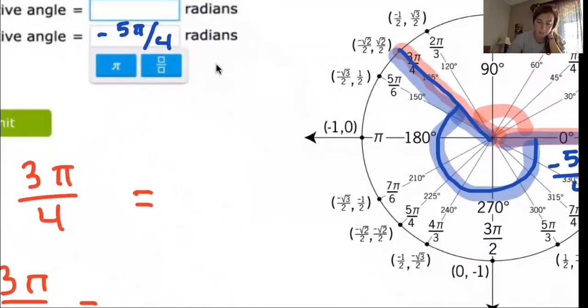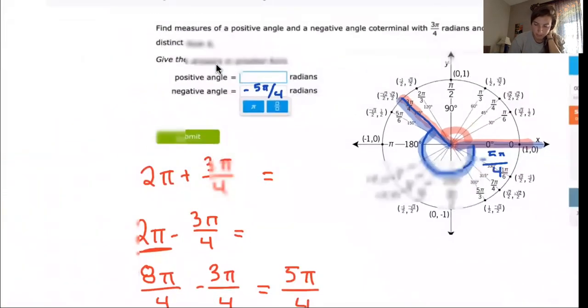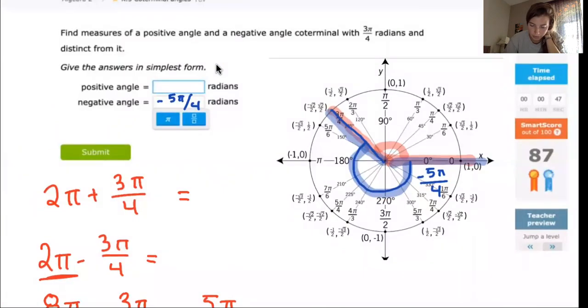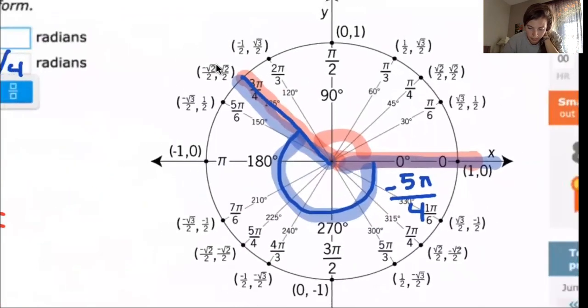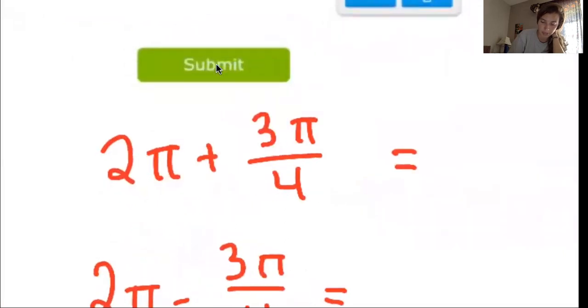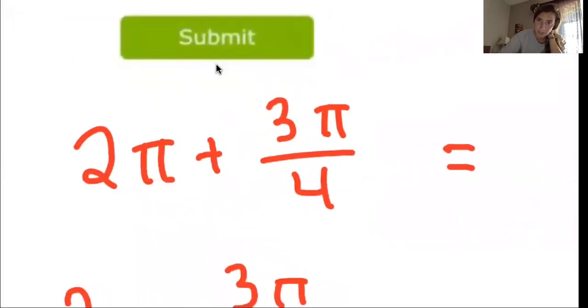And then the positive version of that, like I said, you could express it as I went around the circle once and then I went the angle that it says. So 3 pi over 4 radians is in red on the unit circle there. But I could go around the circle one whole time and then add 3 pi over 4. Going around the circle one full time is 2 pi, and then I can add my angle, 3 pi over 4.